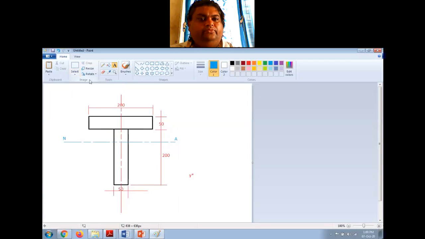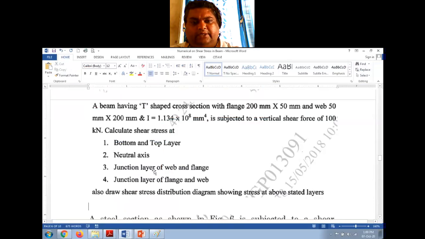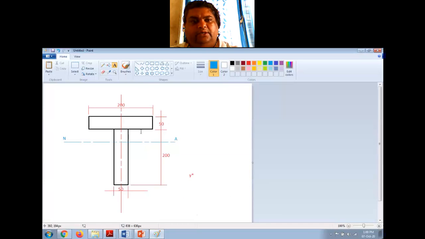So yeah, basically what he's saying is junction layer of web and flange is this point, and flange and web is this point. Basically, these 2 points he is asking. So I'll just name them.